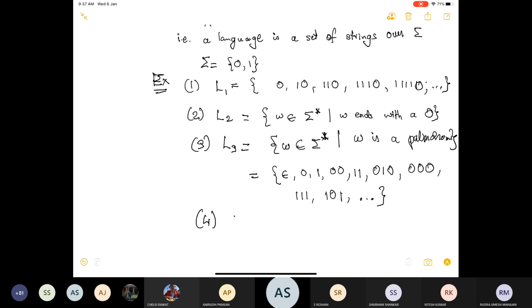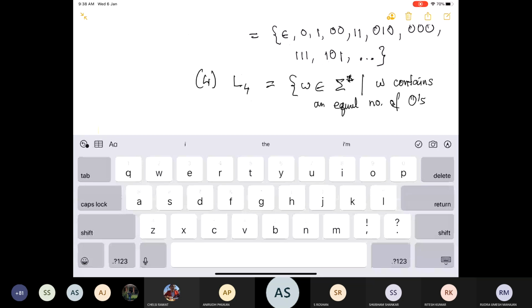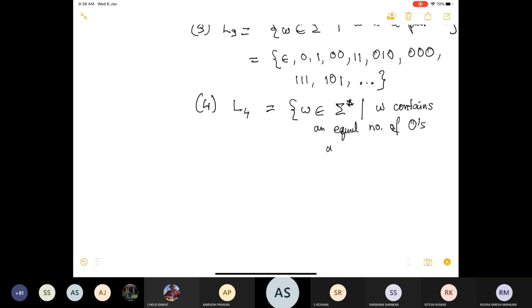Number 4, the set of all strings that contain an equal number of zeros and ones. That's also a language, and it's also infinite. Okay. Any questions?